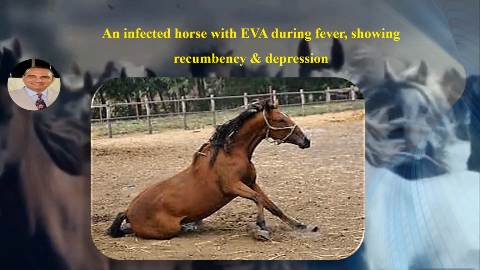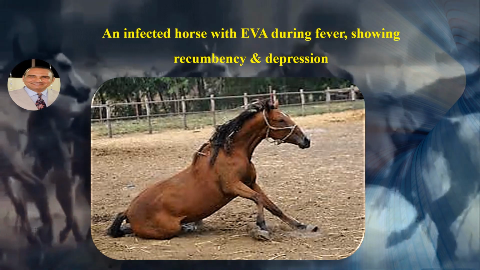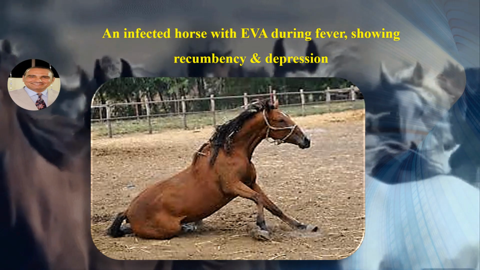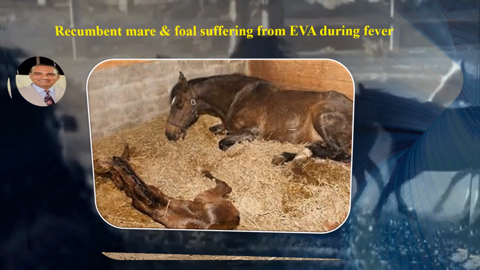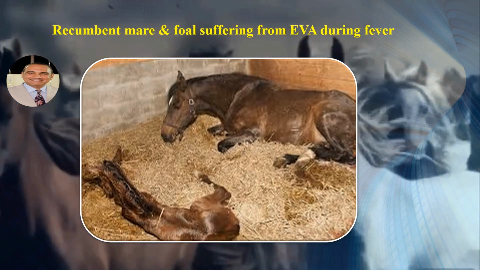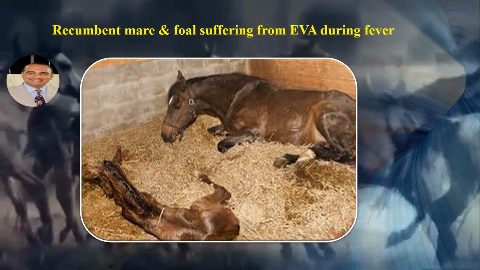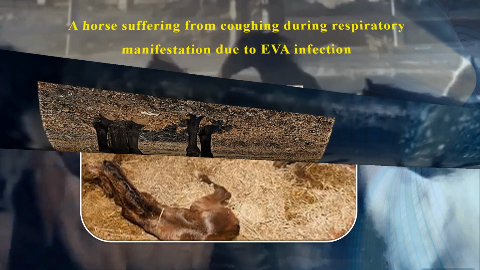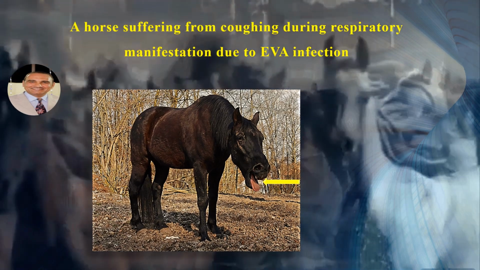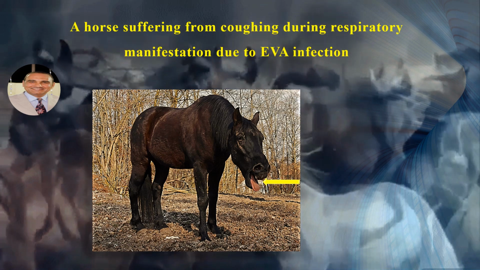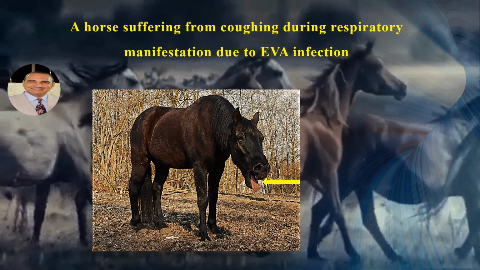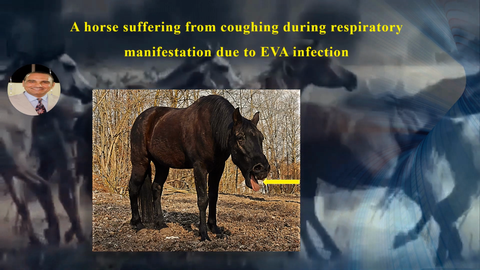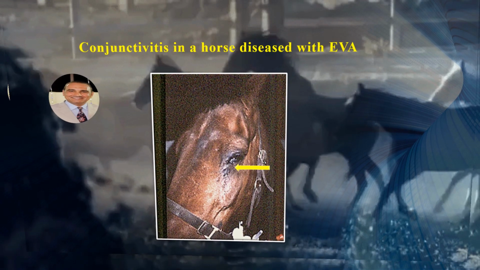An infected horse during fever, showing recumbency and depression. A recumbent mare and foal suffering from equine viral arteritis during fever. A horse coughing during respiratory manifestation due to equine viral arteritis infection.